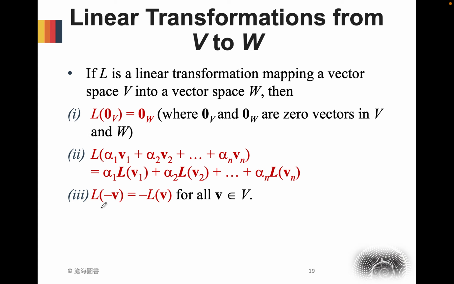And if we take the negative of v and do the mapping, it equals doing the mapping first and then taking the negative. This part is quite simple because we can set alpha equal to -1 and input alpha v to do the mapping, which equals alpha L(v). So you can easily prove the third property.